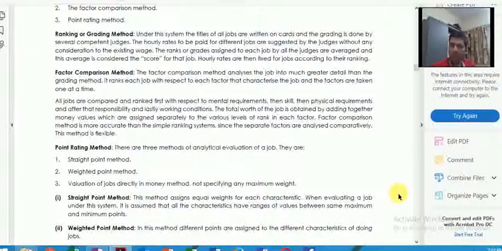Different titles are written on the cards. Then after writing the different titles on the cards, whatever amount of money he is getting at the end of the month or for a particular day, based on that amount the hourly rate is calculated, which can be any number depending upon the amount of money he is getting at the end.